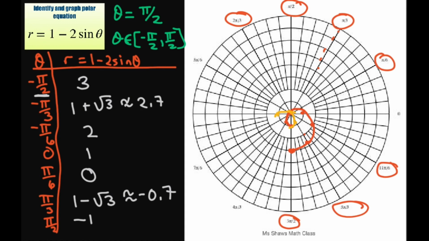And then we're just using symmetry to graph this. And this was almost at 3, so it's coming back around like this. There's your inner loop. So basically we started here, go around, flip around this way, and go this way. And there it is.